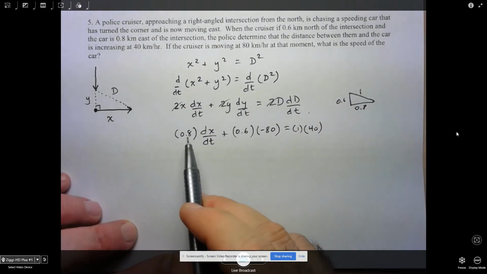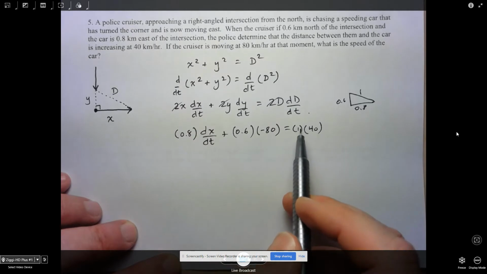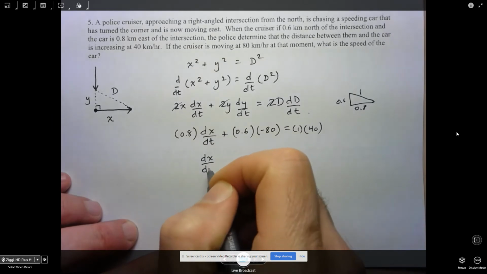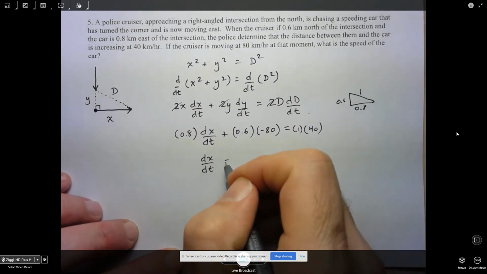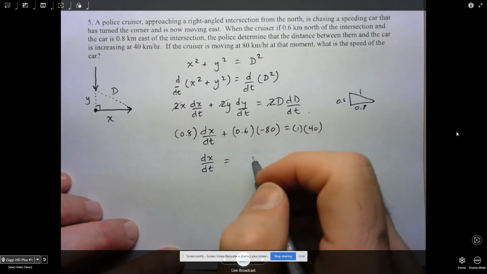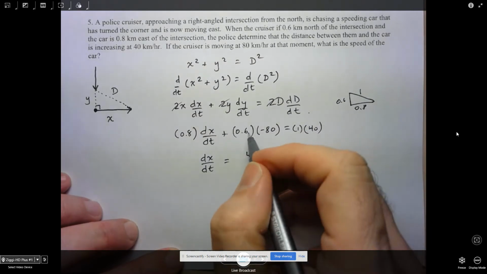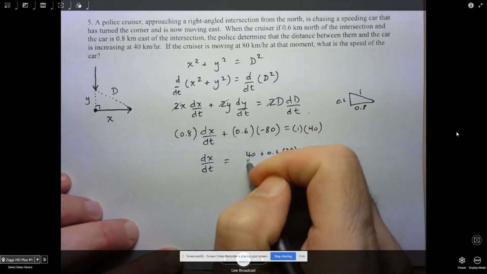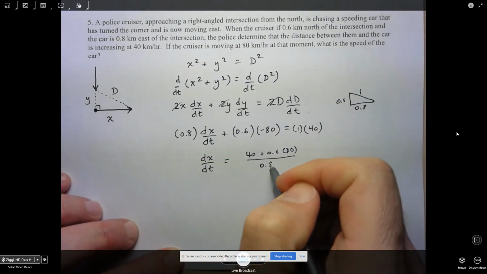So in the end, we were given all these pieces of information, or we're able to calculate them. Now we can look for dx/dt. What is that? That's going to be 40 plus 0.6 times 80, all over 0.8.